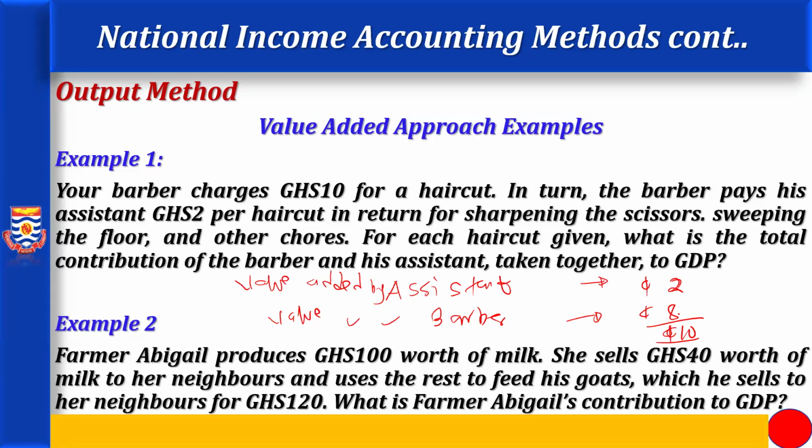But out of the 10 cedis, the barber's own is the 8 cedis, then his assistant's own is the 2 cedis. So in total, we have 10 Ghana cedis.